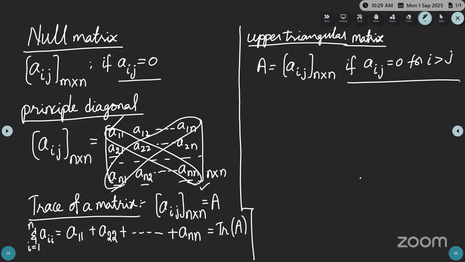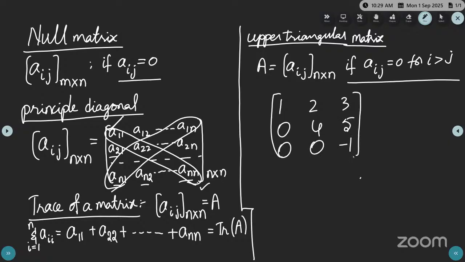Okay, for example, 1 2 3, 0 4 5, 0 0 -1. It is an upper triangular matrix. This is a square matrix. It is to be called upper triangular.